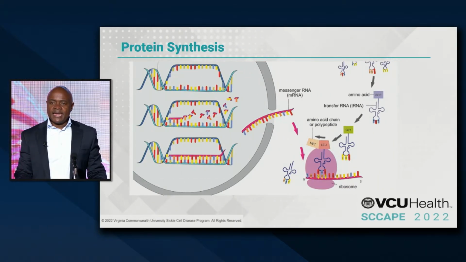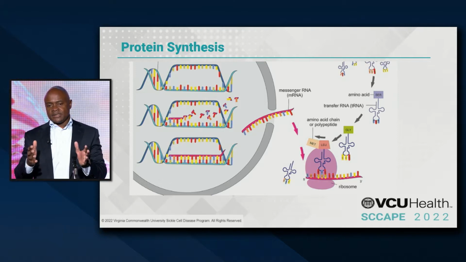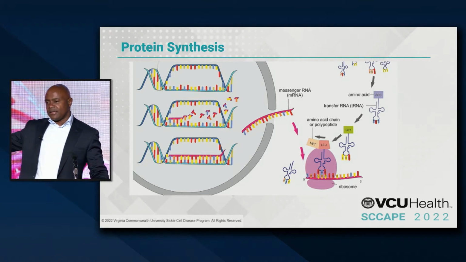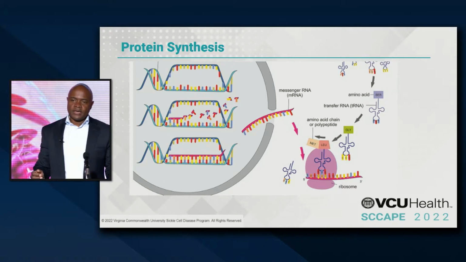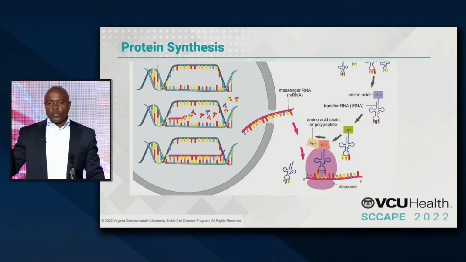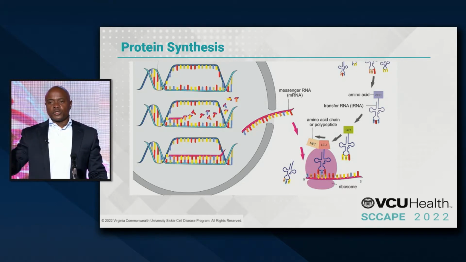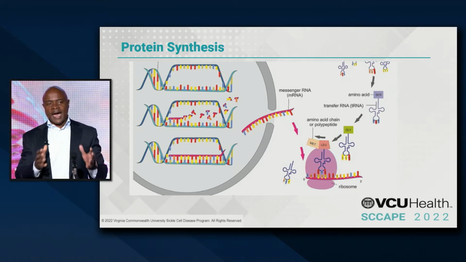So to explain a little bit about why a genetic abnormality results in what a protein structure looks like, we produce proteins based on our genetic information.